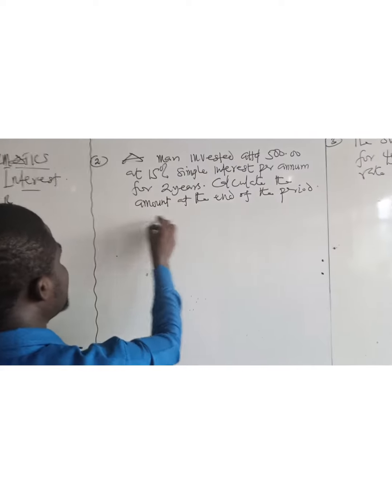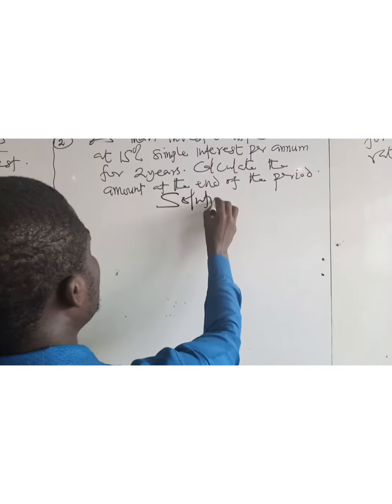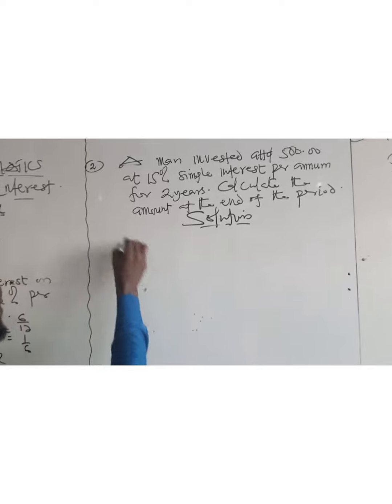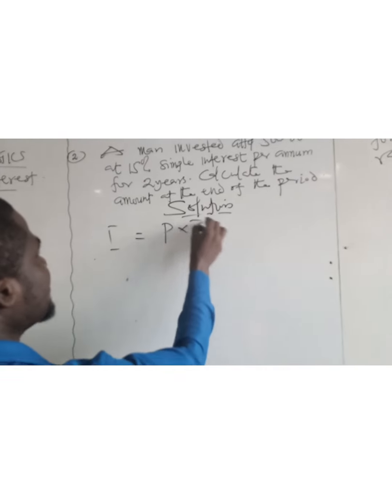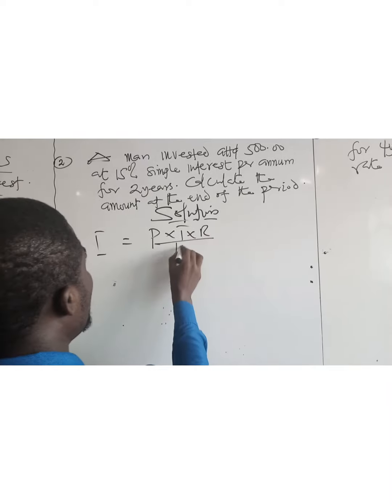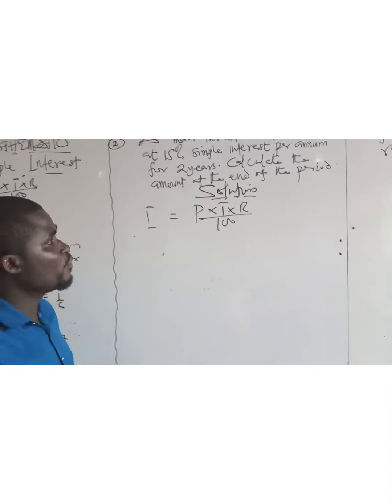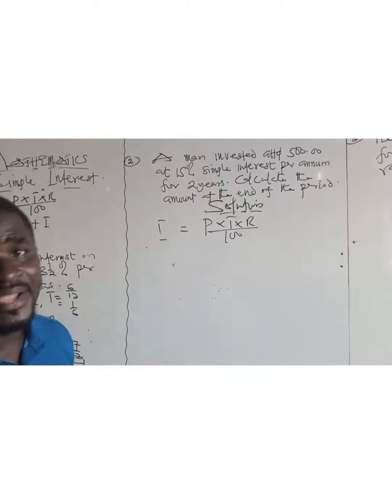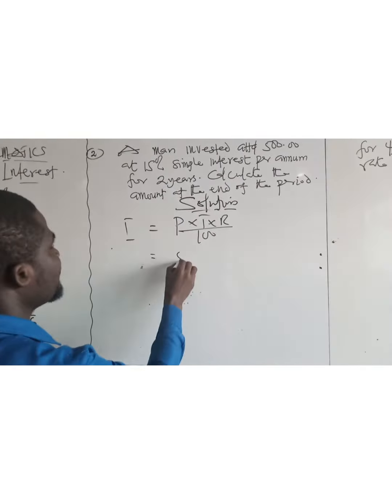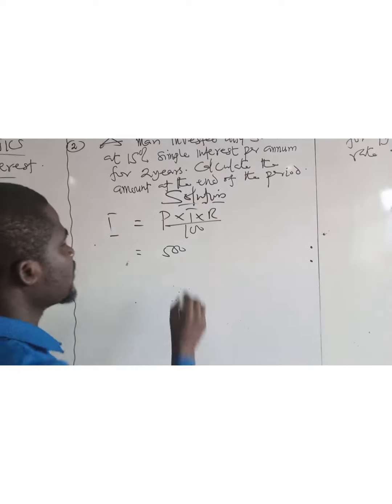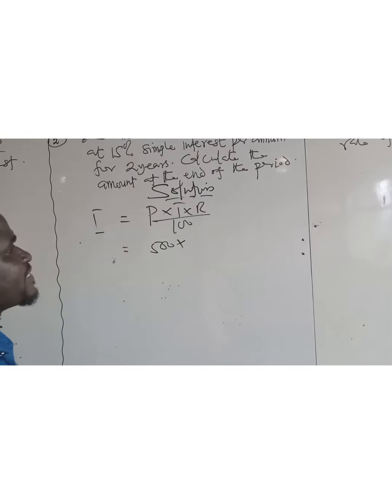So, interest. Interest is equal to principal times time times rate all over 100. Now we know our principal to be 500 Ghana cedis. So let's put in the values. We have 500 Ghana times how many years?